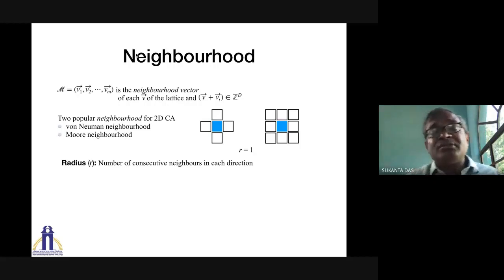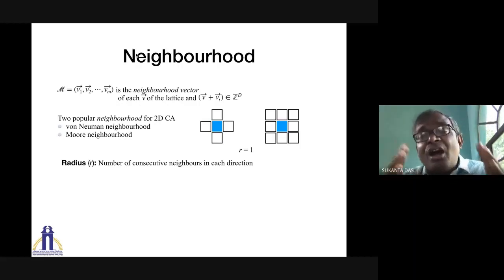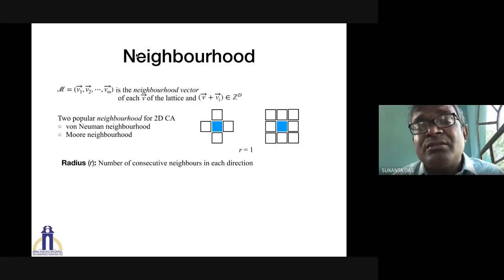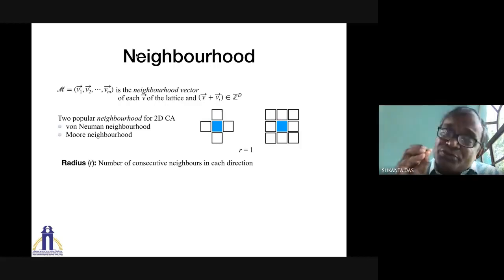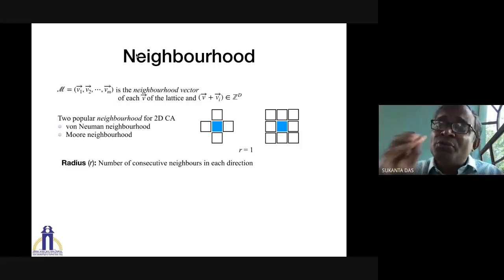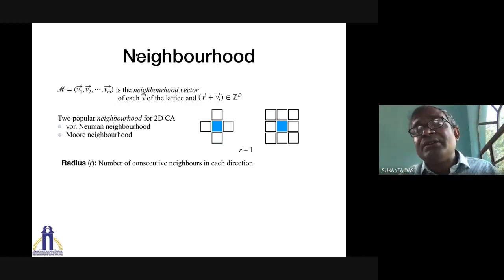We will see later that CA is very regular and uniform. CA uniformity is the heart of cellular automata. When you define a neighborhood, you can also find this kind of uniformity. A cell under consideration has left and right neighbors. If there are R neighbors on the left, there will be R neighbors on the right.